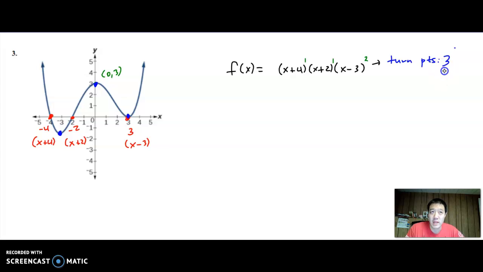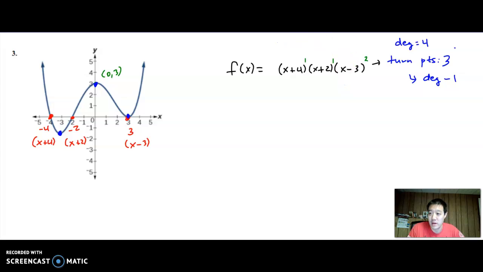And we said the number of turning points is always the degree minus 1. So if there are 3 turning points, that means the degree must be 4, meaning these exponents have to add up to 4. So because this was 1 and 1, that must mean that x minus 3 is going to be squared and not higher than that.